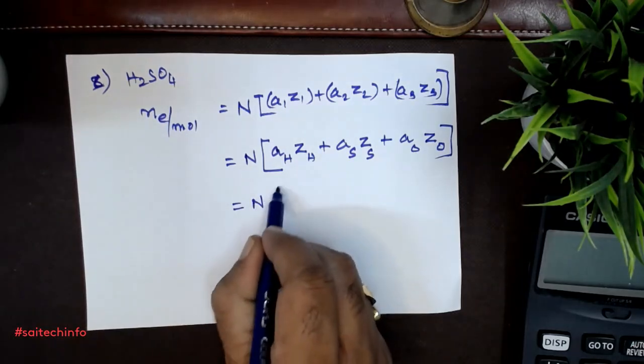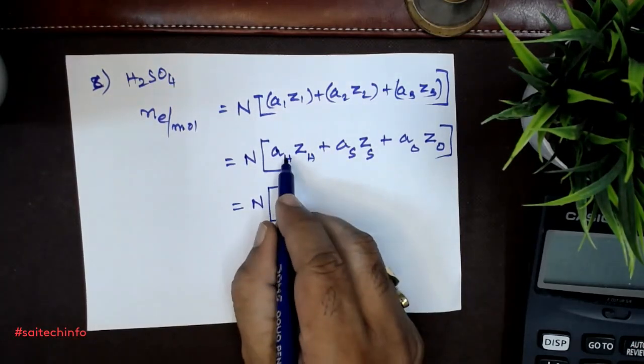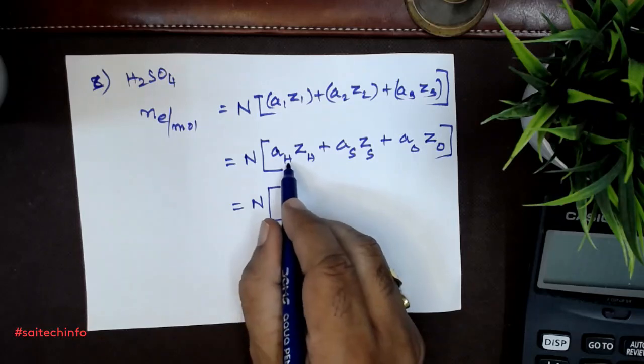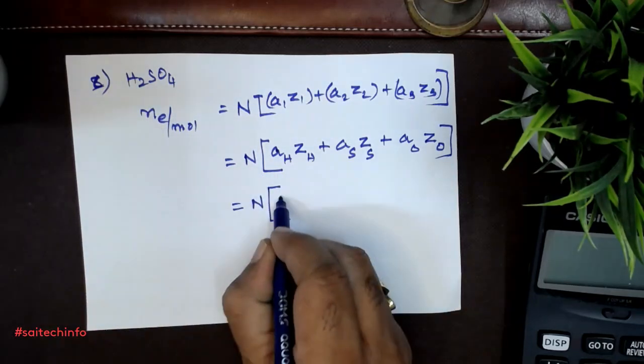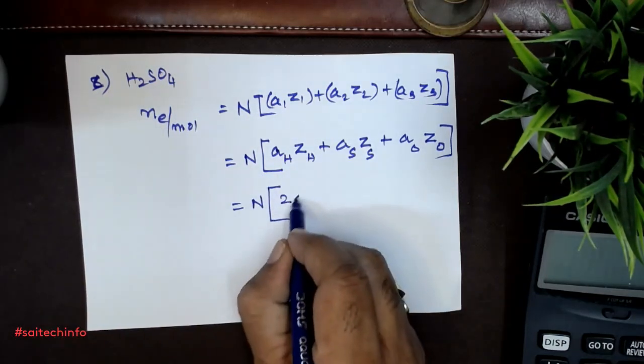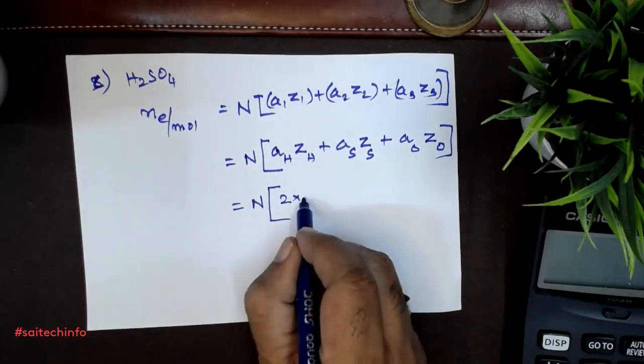Now N into atomicity of hydrogen, how many hydrogen? 2. Atomic number of hydrogen, 1.